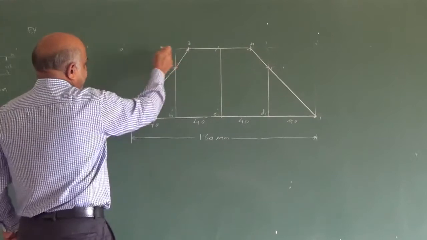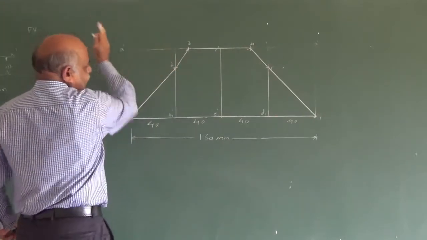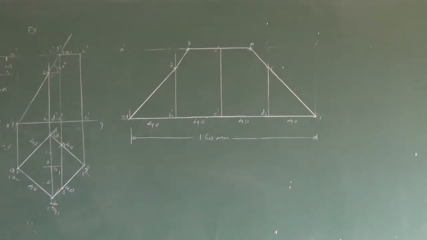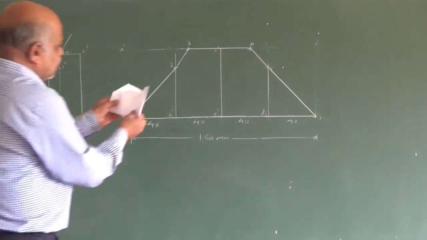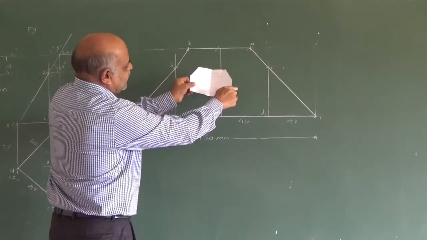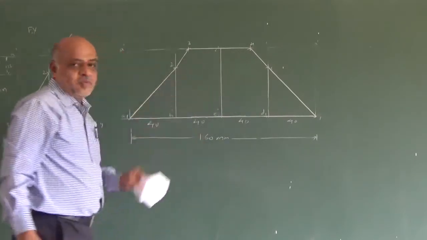So out of this 40 mm square, the upper half this side is going to be removed. So how it looks, you can see here, this portion is not seen, this portion is cut, only this portion is going to be seen.